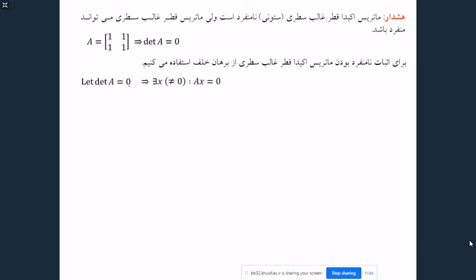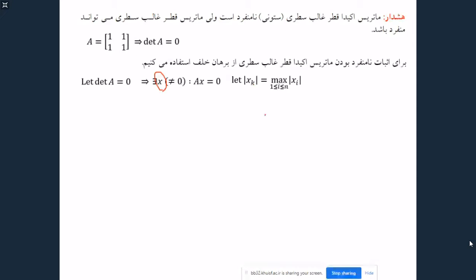If the determinant equals 0, we know we have a non-zero vector x, and Ax will be 0. Matrix A multiplied by vector x will be the zero vector. Let the maximum entry of this vector x in absolute value occur in the kth position.